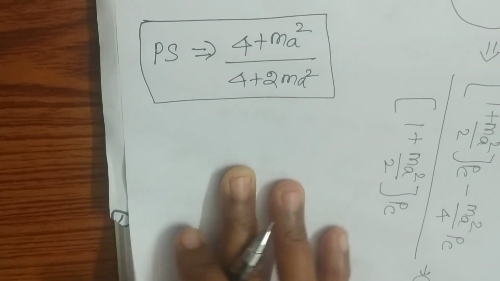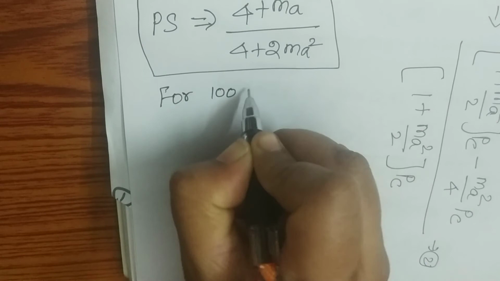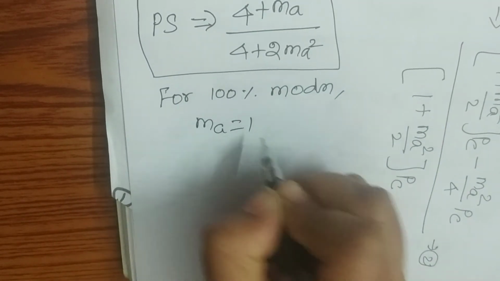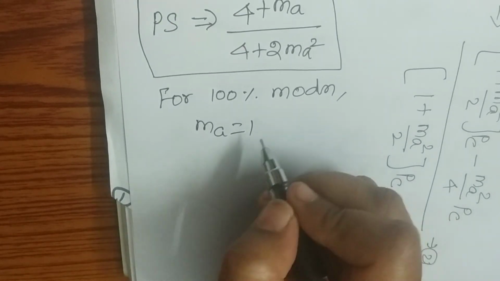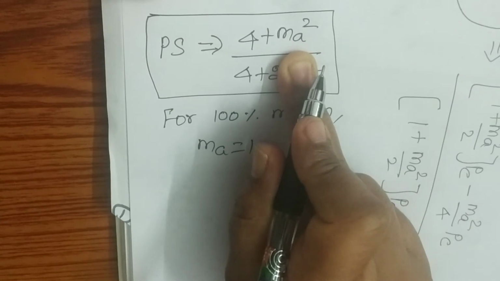Then for 100% modulation, MA is equal to 1. MA is nothing but the modulation index. So we substitute MA equal to 1 in this power saving expression.